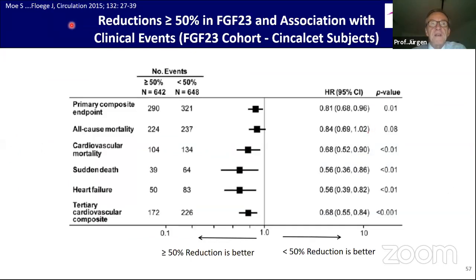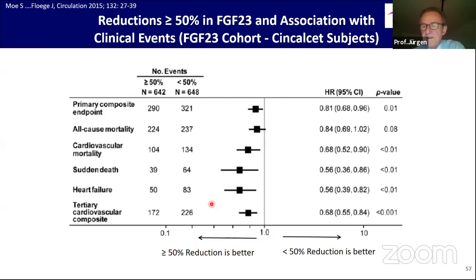And we believe it because this is an analysis we did several years ago, again from the EVOLVE study. We asked if you have with cinacalcet a 50% reduction in FGF23, what is the clinical consequence of that?